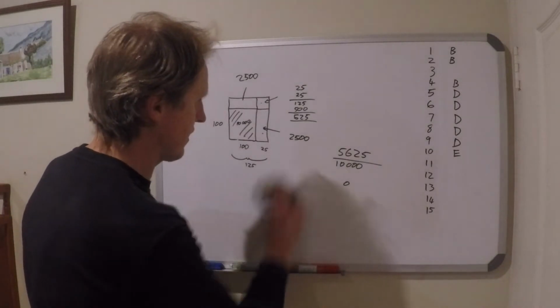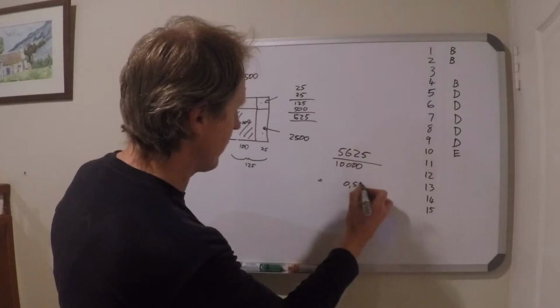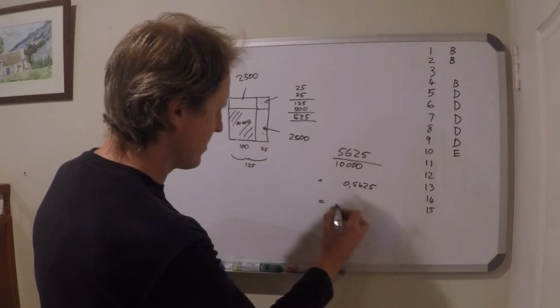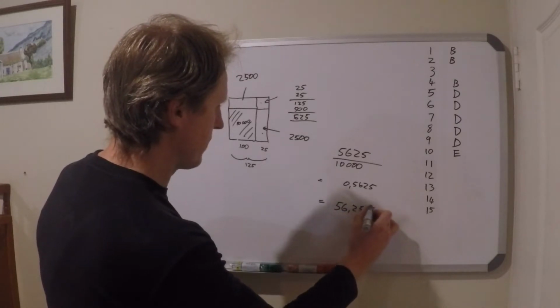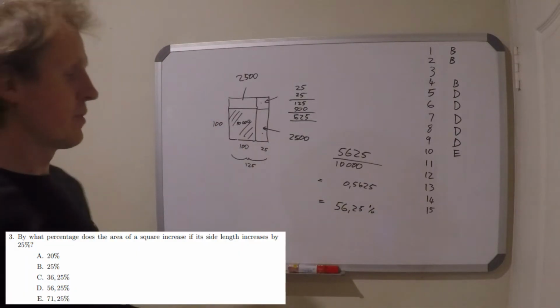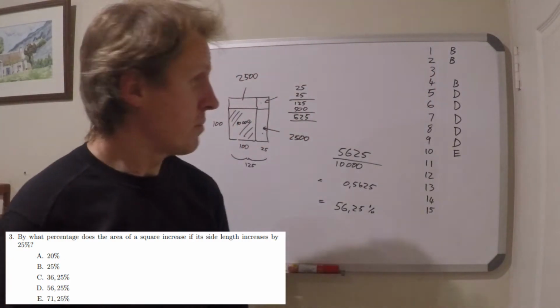That equals 0.5625, which is 56.25%. That is the answer to this question, and that's in the list. That is option D.